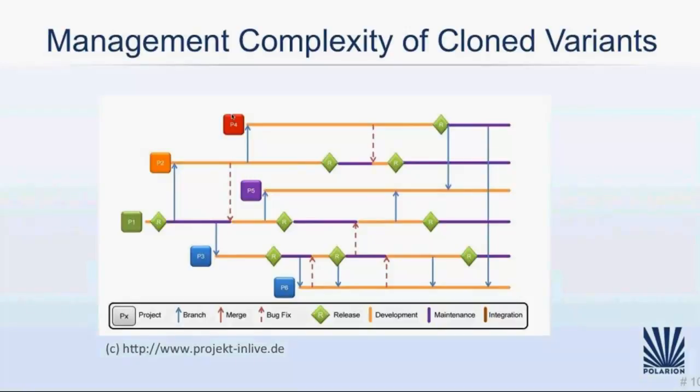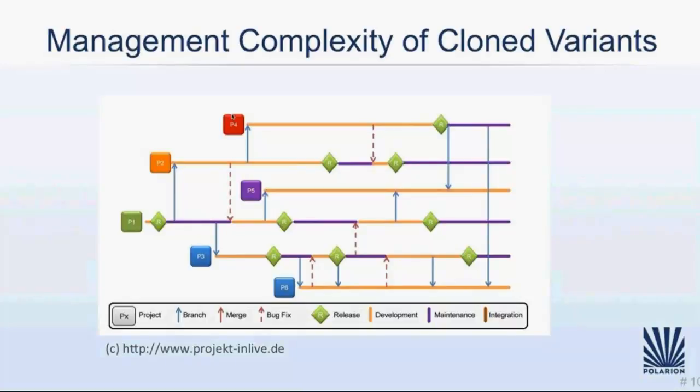Sure, it is possible to merge changes across different branches, but this is still not a solution. It's still not possible to predict the cost of implementing a feature from one product in another variant, as you never know what the possible conflicts between different branches are.